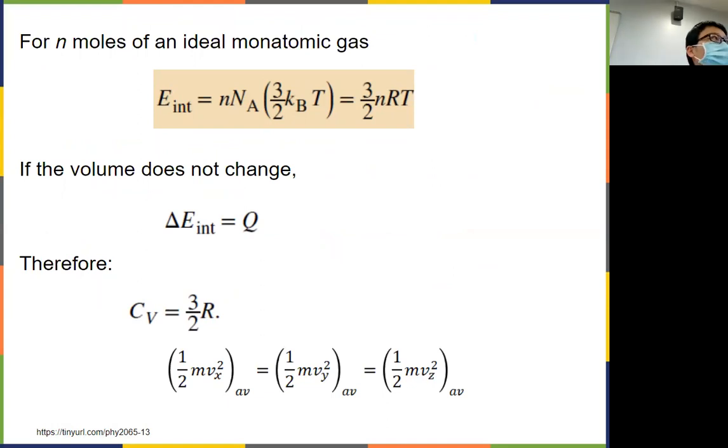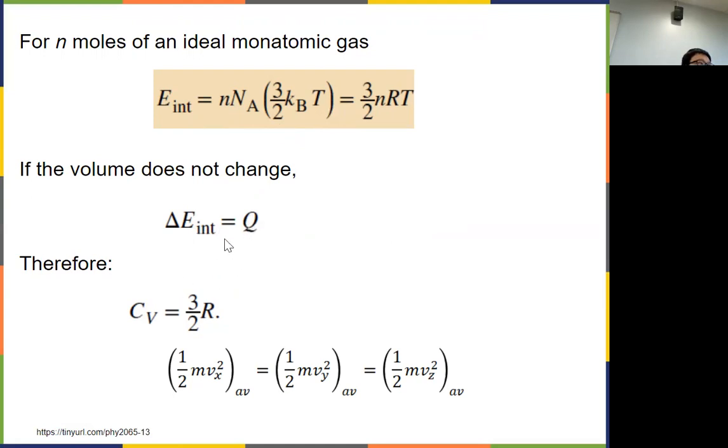If you have an ideal monatomic gas, I think we took a look at this earlier in the previous chapter, the internal energy is 3/2 of nRT. That's basically just looking at the motion of the molecules. If the volume doesn't change, then work is equal to 0, so the internal energy change is directly equal to the heat change.